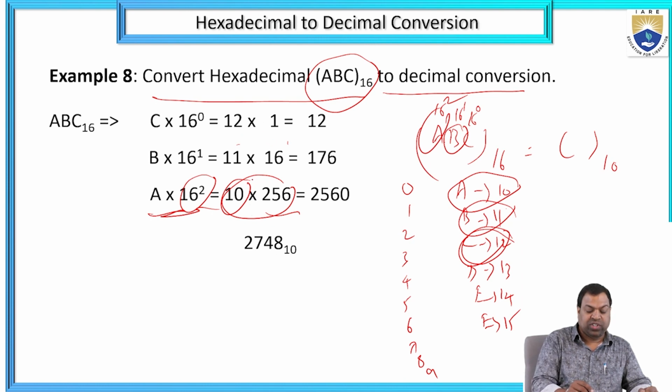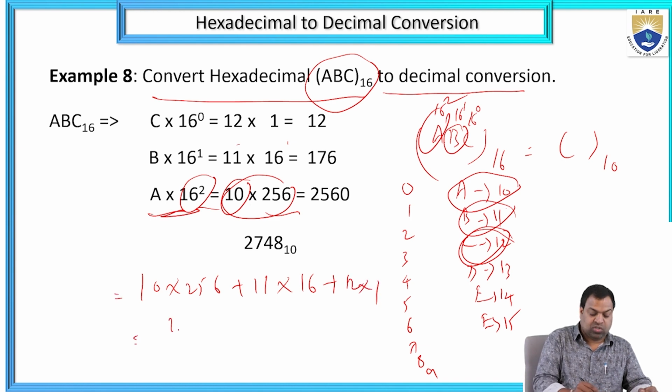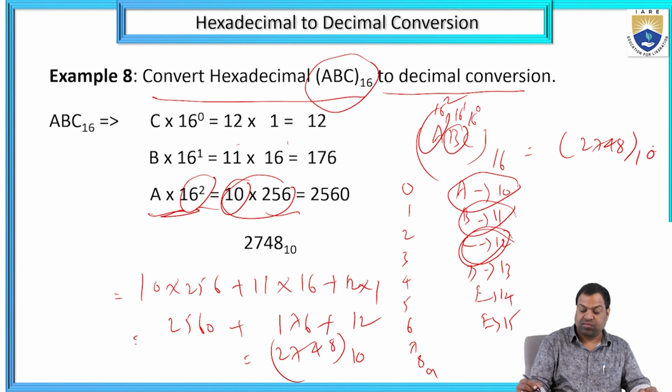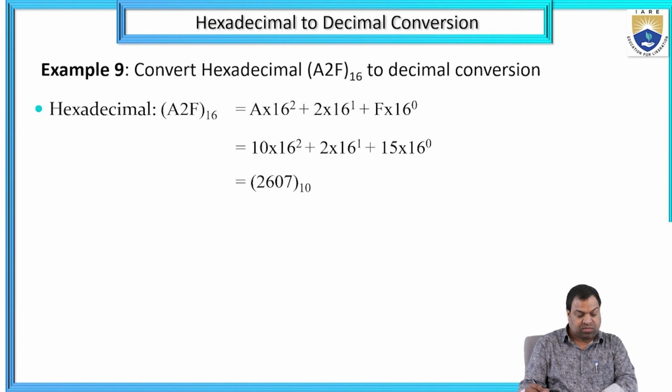So 10 into 256 plus 11 into 16 plus 12 into 1. So 2560 plus 11 into 16 is 176 plus 12 into 1 is 12. Totally we got 2748 base 10. So ABC base 16 is converted to decimal, and the value is 2748 base 10.